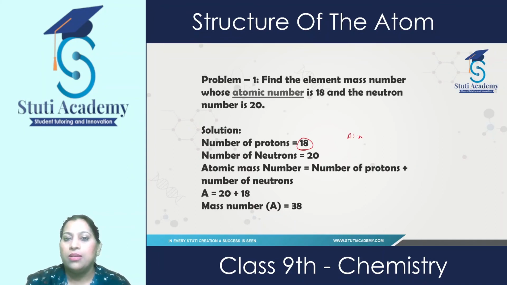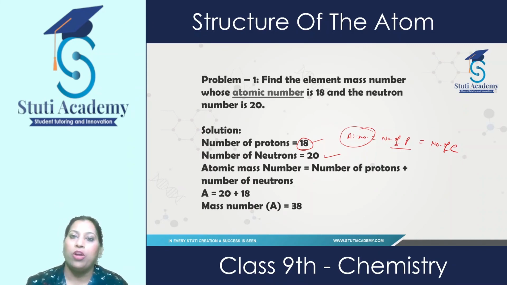Atomic number is equal to number of protons is equal to number of electrons. If atomic number is given, it means number of protons is also 18, number of neutrons is 20, and for atomic mass number we need to find number of protons plus number of neutrons. We just add both the numbers.